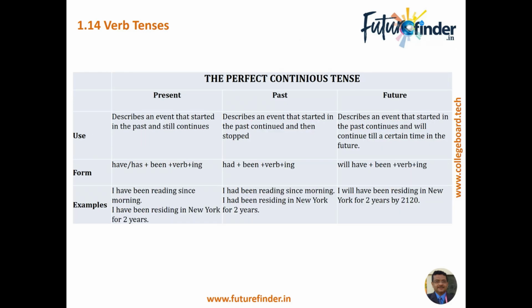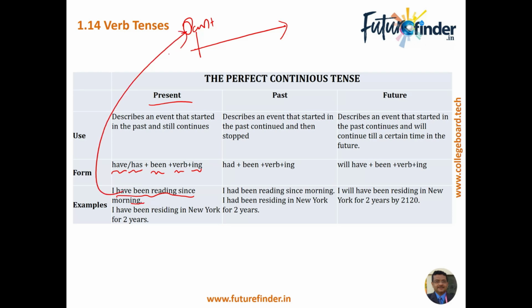And the last one, which is the present perfect continuous tense. For the present one, it describes an event that started in the past and still continues. It has not ended. Okay, still continues. And the form is have or has, depending on the person, plus been plus verb plus ing. I have been reading since morning.